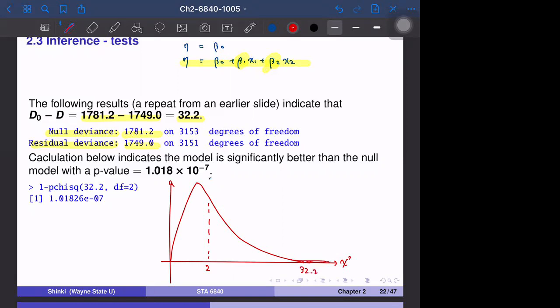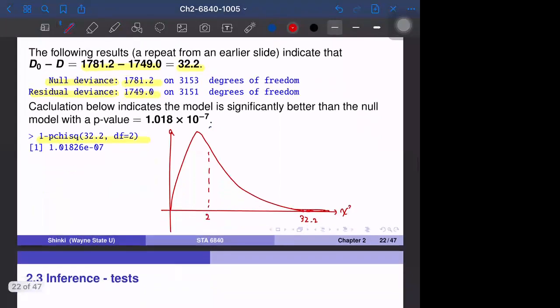So the p-value should be very small, and actually the p-value is almost 10 to the power -7. So it's very significant, much smaller than, for example, 0.05. So we reject the null hypothesis and support the alternative that eta is explained by height and cigarettes in some way. Okay, so this is the basic test for logistic regression.